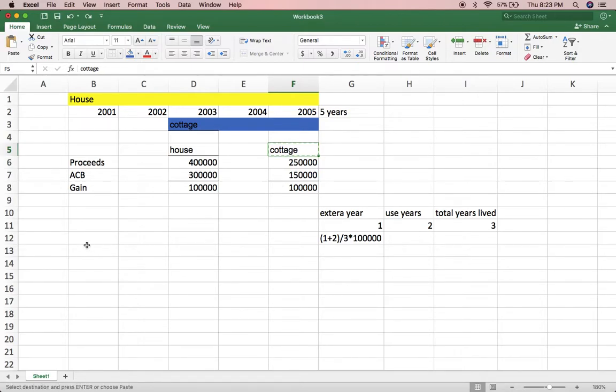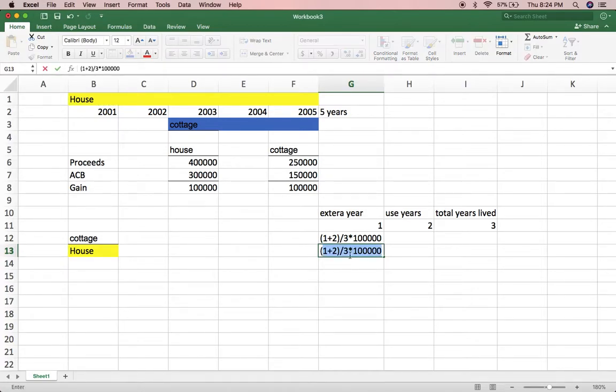I'll put cottage here, and I'll put house here. Same thing for the house. It is going to be 1 plus, now how many years did we designate to the cottage? 2. We total had 5 years.